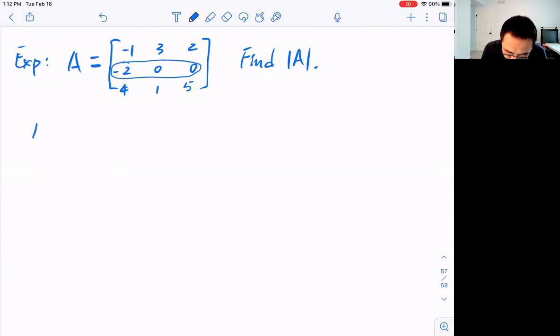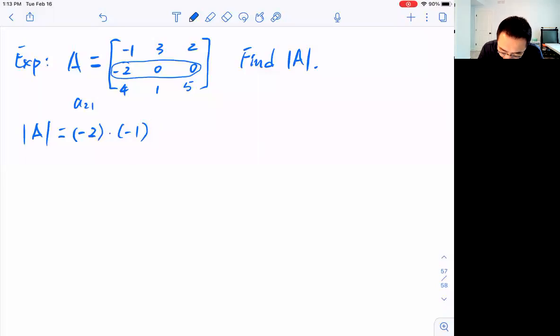And what I get is that the determinant equals every element in the row times its cofactor, and then add it all together. The first element is -2 in the second row, times its cofactor, which is -1 raised to, because -2 is a 2,1 element, right? Because it's the second row, first column element. So this is -1 raised to the third power because it's 2 plus 1.